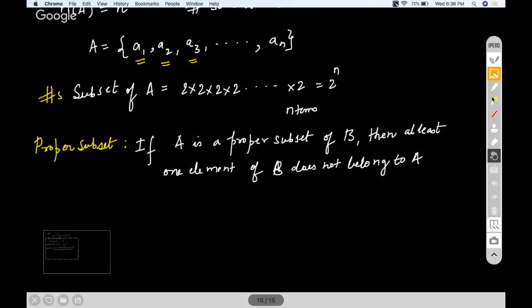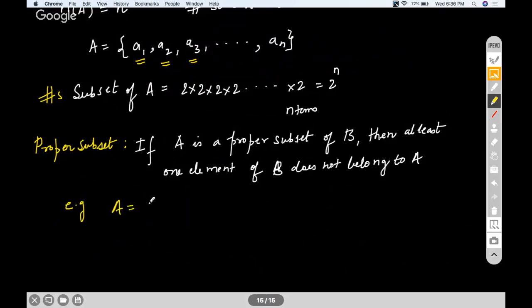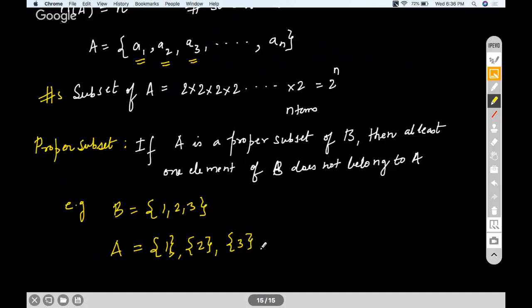Are you getting it? So let me take an example. Let's say B is 1, 2, 3. Now the subsets can be 1, 2, 3, 1 2, 1 3, 2 3, and 1 2 3.